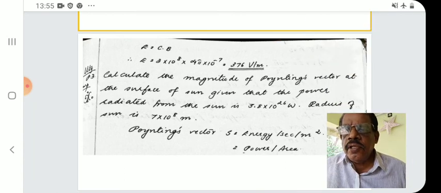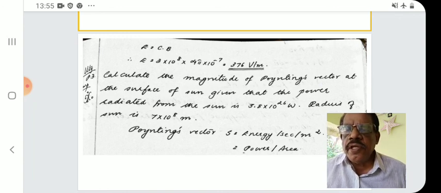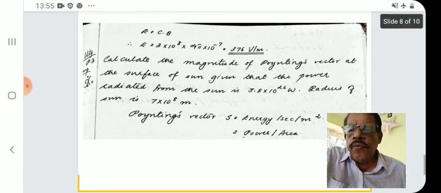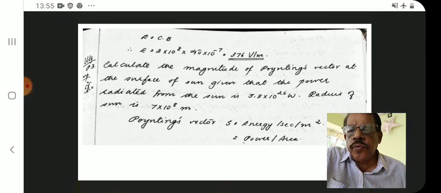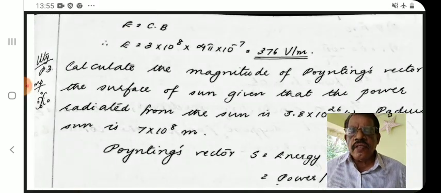Then E is equal to C into B. That is E is equal to 3 into 10 raised to 8 into 4 pi into 10 raised to minus 7. That is 376 volt per meter.